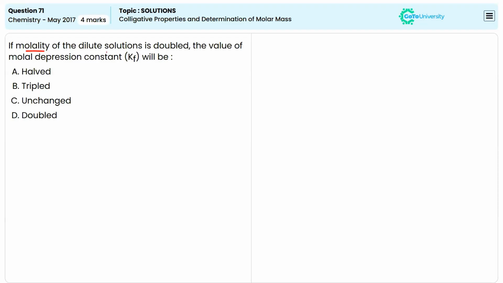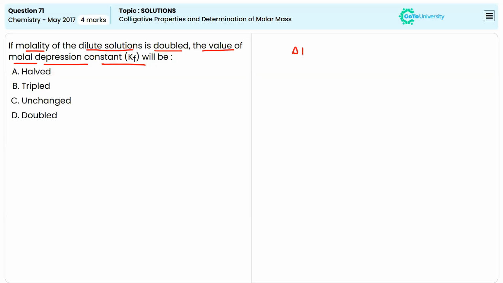If the molality of a dilute solution is doubled, what will be the value of molar depression constant Kf? We know the relationship between the molality and the depression in freezing point. It is given that we have to find out the value of the molar depression constant. The molality is doubled. First, let us write the relationship between Kf and molality.